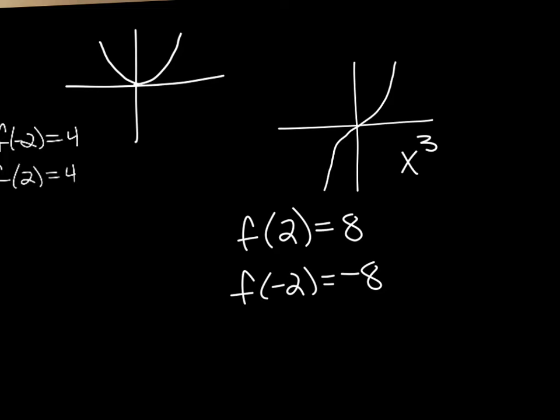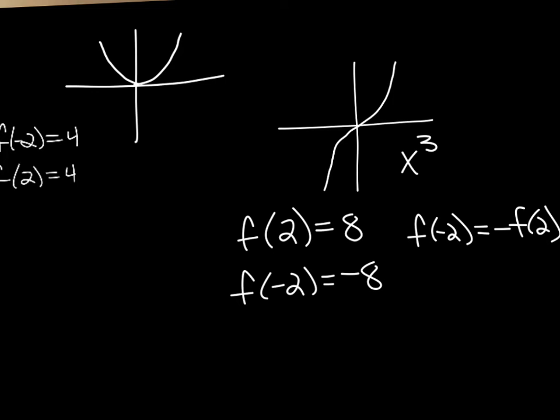And so then what they're saying here is, if this is our f of 2, so f of negative 2 is equivalent to the negative f of 2.